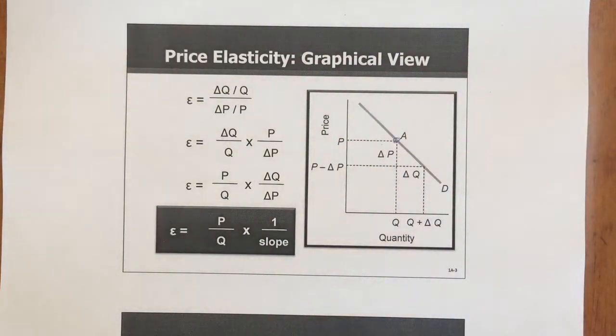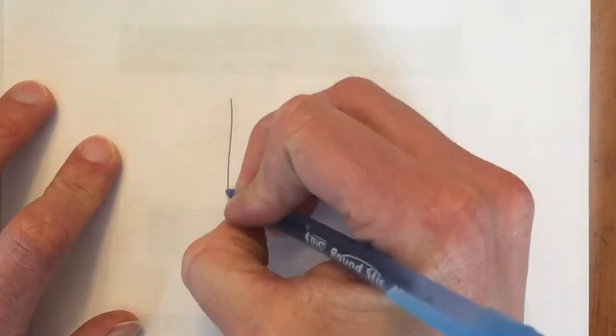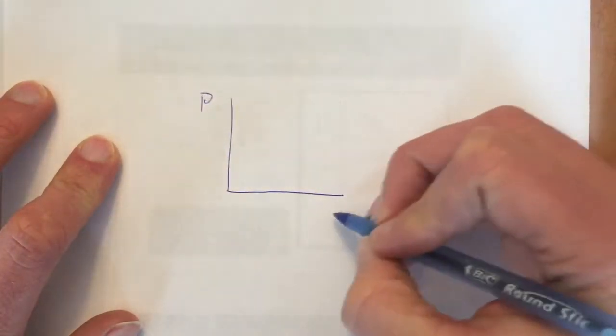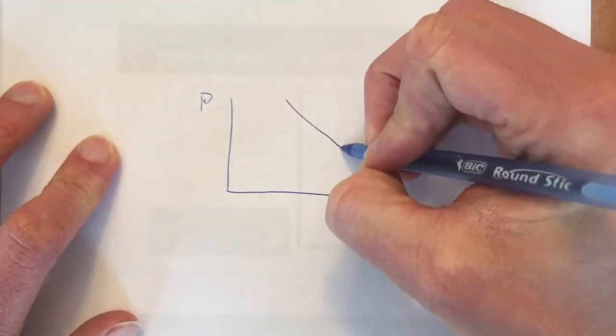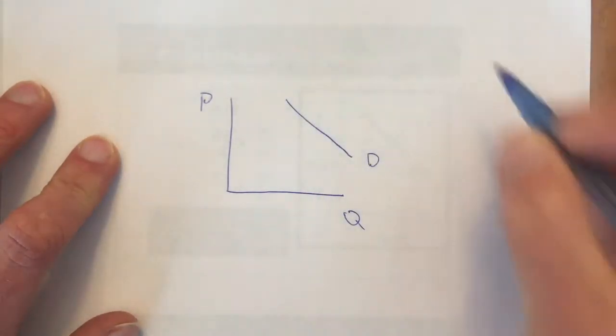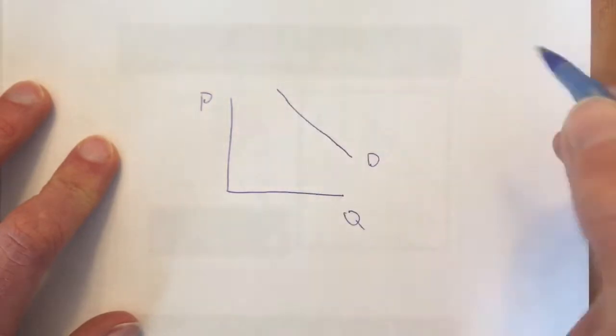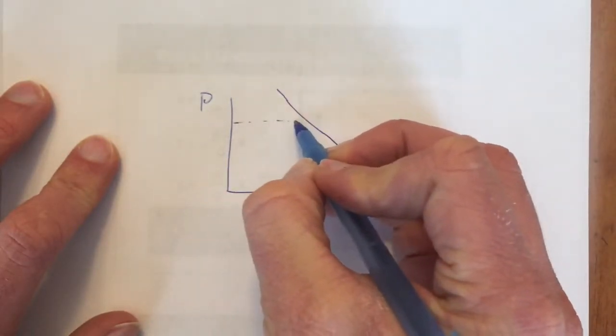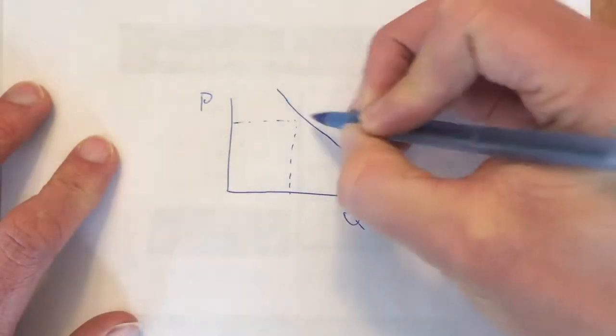And let me redraw this on a fresh piece of paper. So we have price and quantity and our demand slope here. We can begin at one price-quantity point.